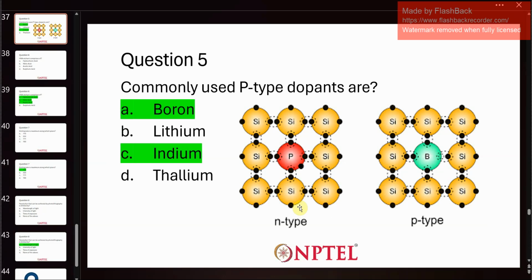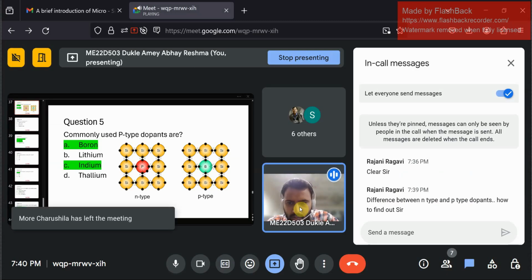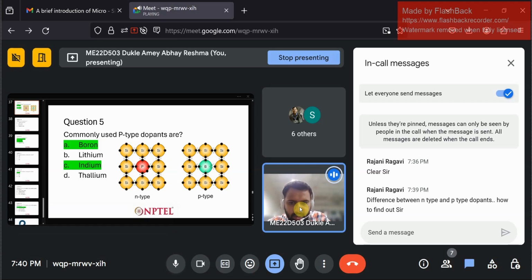To identify that, materials with 3 electrons in the outermost orbit are from the boron group. Silicon or carbon will be at the center.